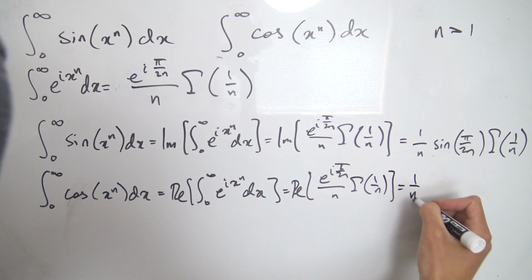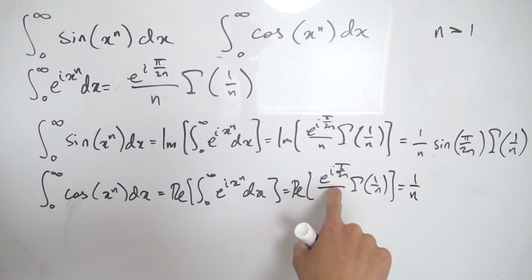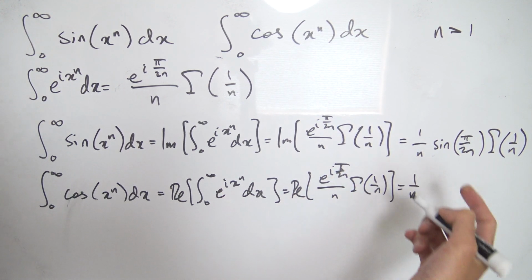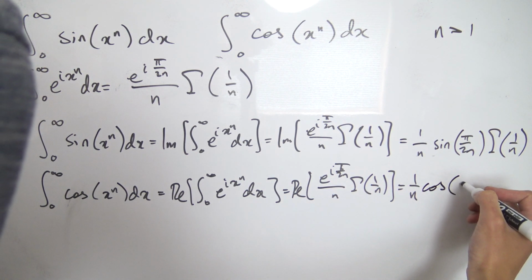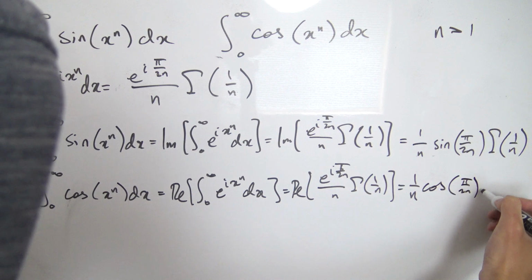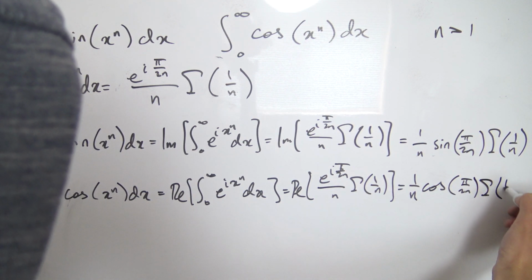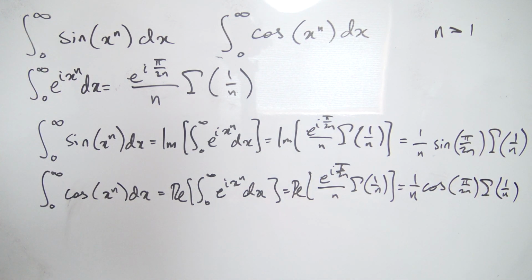That's equal to 1 over n, then the only complex part is this exponential function. So taking the real part of that, that just becomes the cosine of pi over 2n, and of course we still have the gamma of 1 over n.